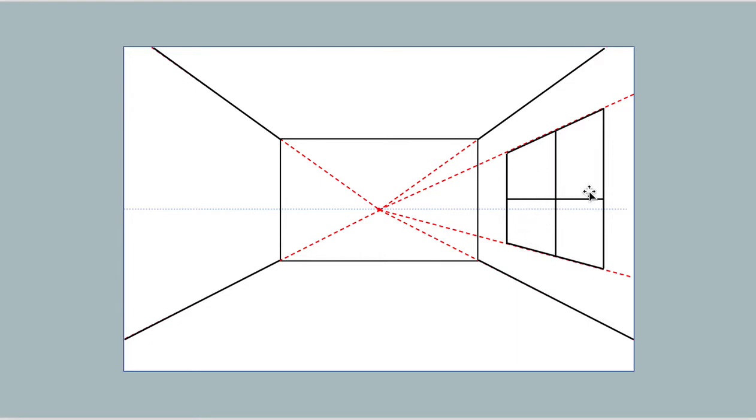So an easy trick to solve that problem is to draw an X in this window, and that will tell you where the middle of that shape is. So if we do that, we see that the middle is not here, the middle is really back here. All right. So that's the window drawn in perspective.